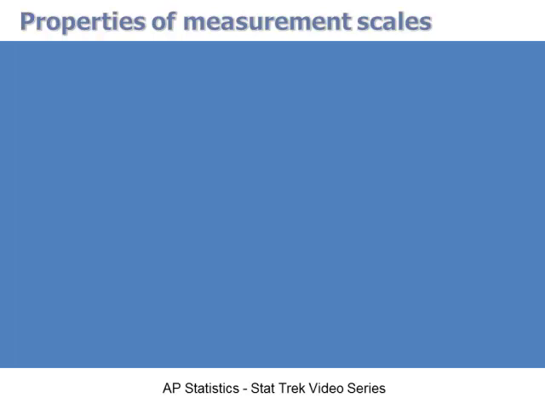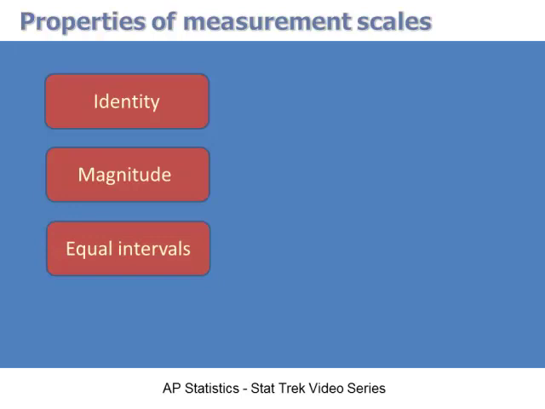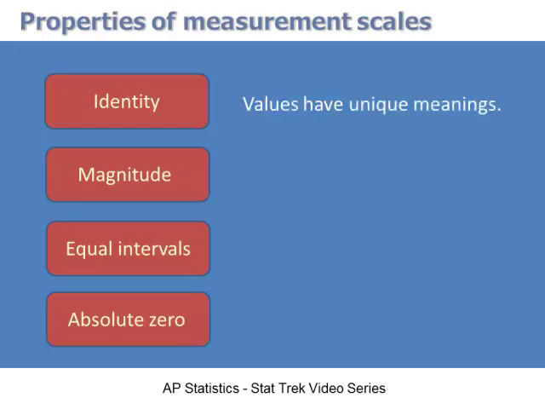All measurement scales can be distinguished by the presence or absence of four properties: identity, magnitude, equal intervals, and absolute zero. Identity says that every value on the measurement scale has a unique meaning. It is not equal to any other value on the scale.